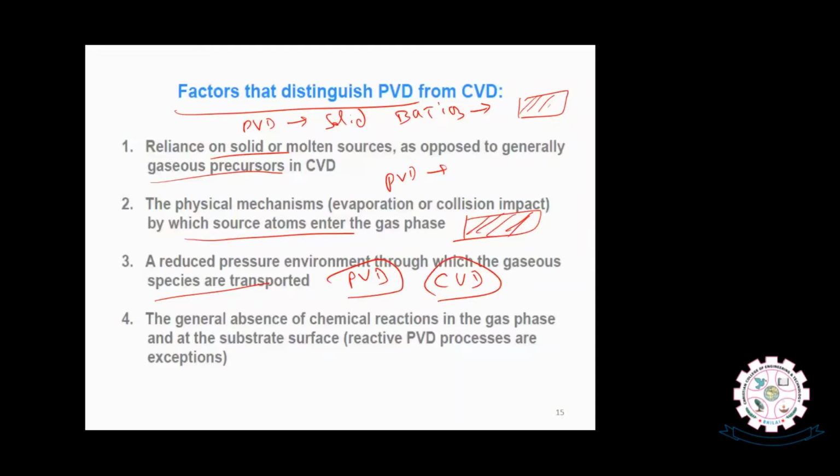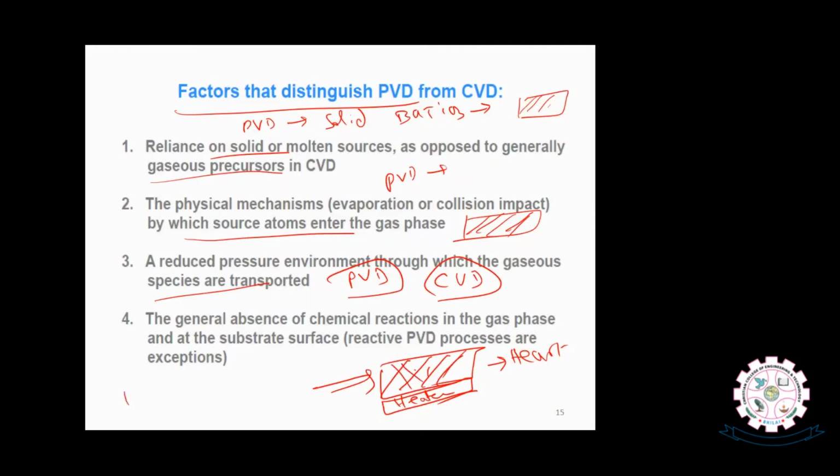But one basic difference between PVD and CVD we should remember. In the case of CVD, your substrate is the heart here, because underneath the substrate you have a heater. So the gases are coming here, they are falling onto the substrate where it is heated, and these gas molecules decompose here.